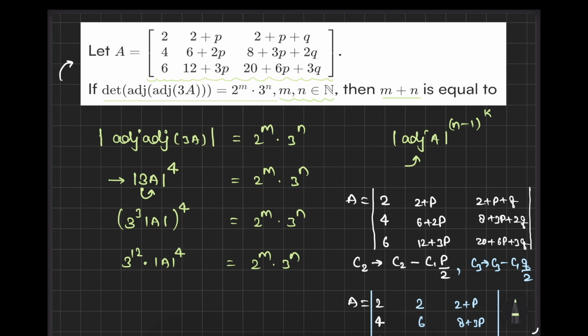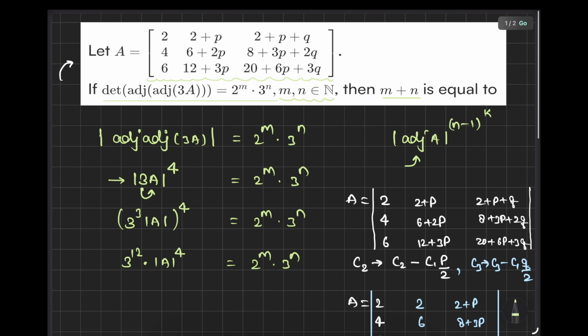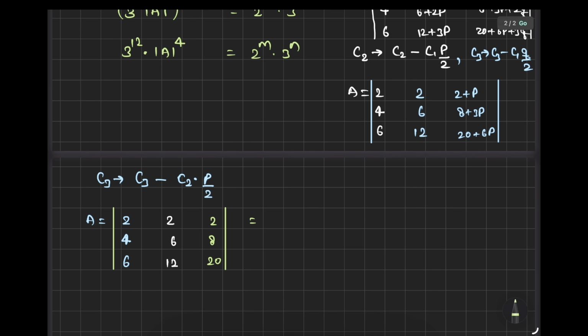Okay, and here also if you observe, 2, 8 and 20, correct? So I explained earlier that the determinant doesn't depend upon the value of p and q, it is independent. So you can consider any value for p. Okay, previously we thought that we will assume p and q to be 0. Now we can simplify things.